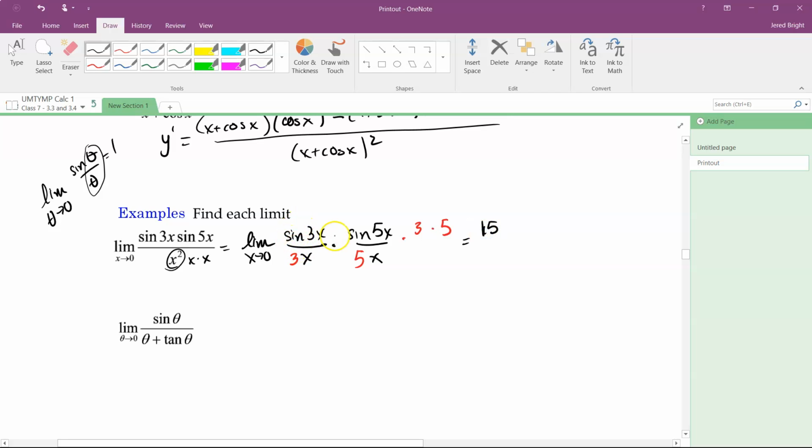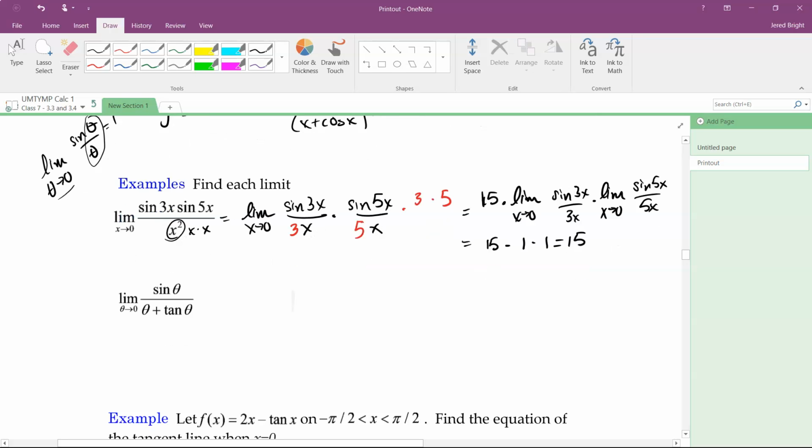And then since I know these limits exist independently, right, I can use the limit law and separate them, or apply the limit to each piece. So I'm going to write this as times limit as x goes to 0 of sine 3x over 3x times limit as x goes to 0 of sine 5x over 5x. And then this just becomes 15 times 1, or 15.